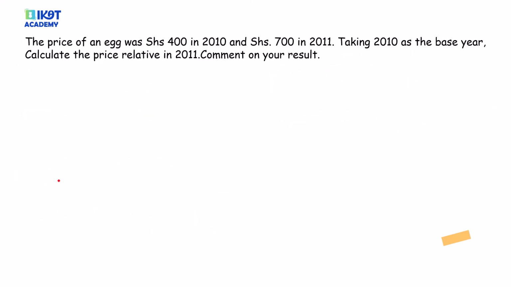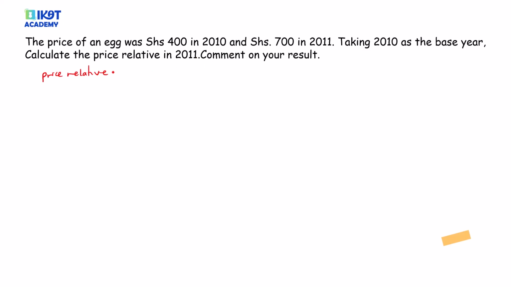Okay, so now let's start with an example. Here this question says the price of an egg was shillings 400 in 2010 and shillings 700 in 2011. Taking 2010 as the base year, calculate the price relative in 2011. Comment on your answer. So they want us to find the price relative.